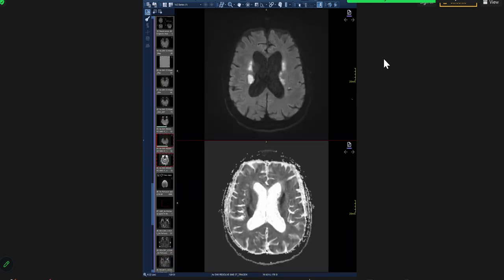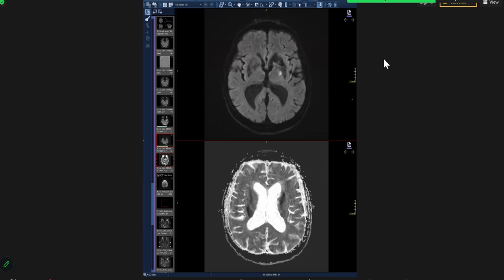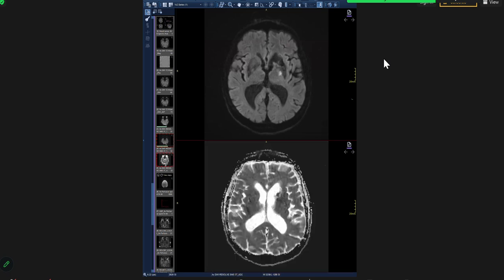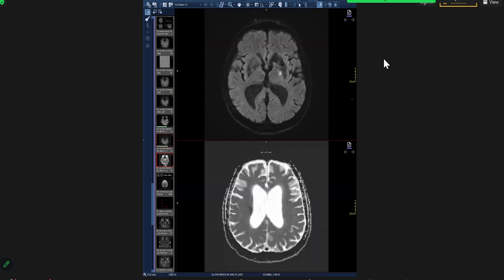You see that this is bright, this is not as bright, and there's one here that looks more chronic. So they are of varying ages, which makes you think that it is either thromboembolic or a prothrombotic state because the patient keeps getting infarcts at different times.